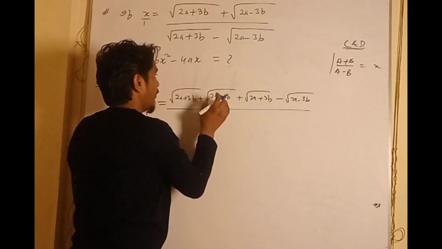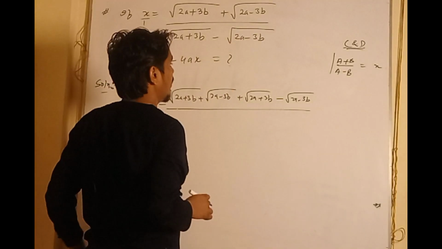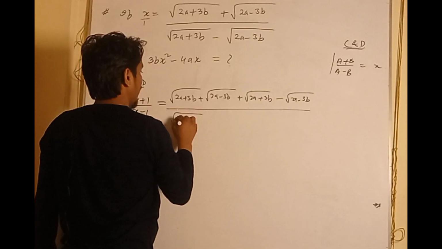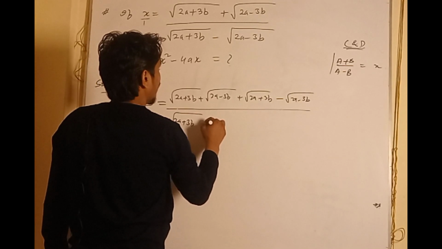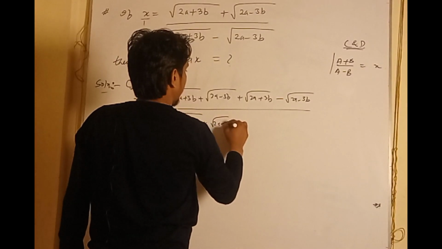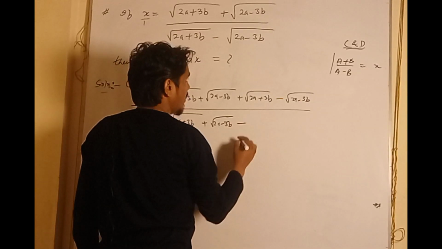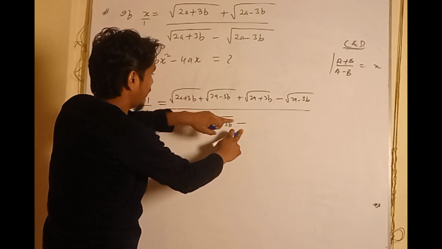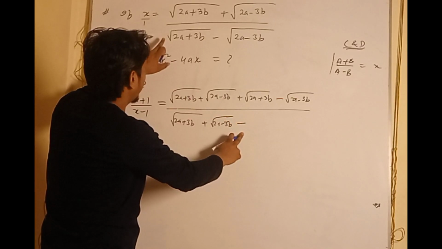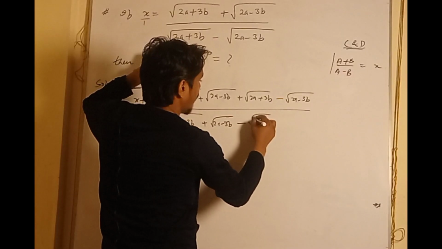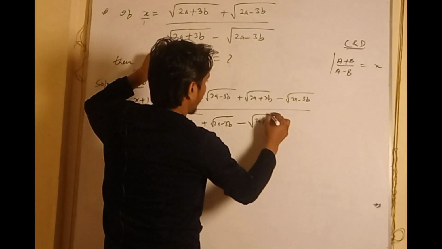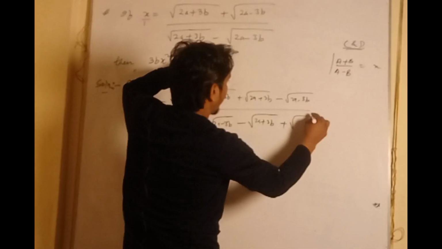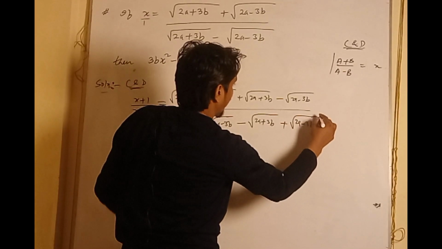So here I have added this and this. In the denominator we have to write numerator minus denominator. So this is root 2a plus 3b plus root 2a minus 3b, and then minus the denominator. Minus the denominator means minus, and this sign is plus, so plus times minus is minus root 2a plus 3b, and here this is minus, so minus and minus become plus root 2a minus 3b.